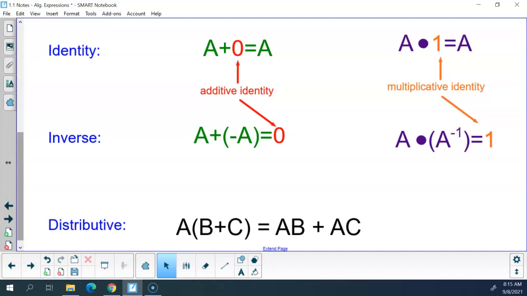And lastly, our good pal, the distributive property, where if we have a number or a term out in front of a set of parentheses, we multiply that into every single part inside the parentheses.